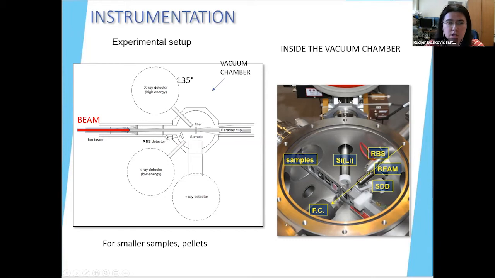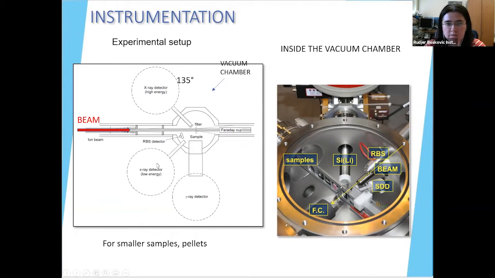And these collimators are used to define the shape and the size of the beam. Here is the sample holder, and behind the sample holder is a Faraday cup, which, in the case when we have thin samples, the beam can pass through the sample and be collected on the Faraday cup. So we can use this to normalize our measurement to charge.